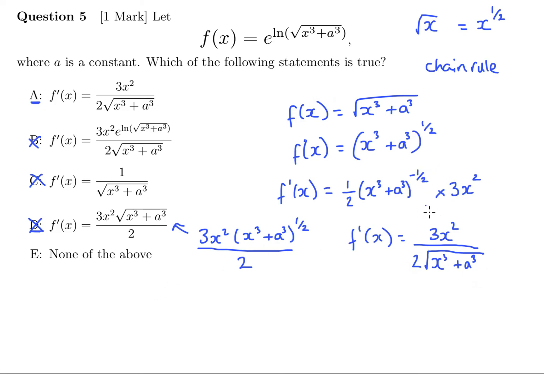So the rule I've used there to turn this into 1 over the square root is that a to the minus a half is the same as 1 over the square root of a. That's the rule I've used to move this bit underneath the fraction line.